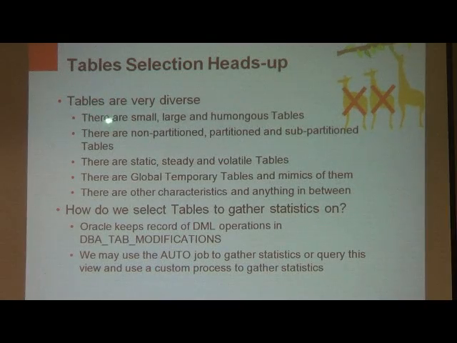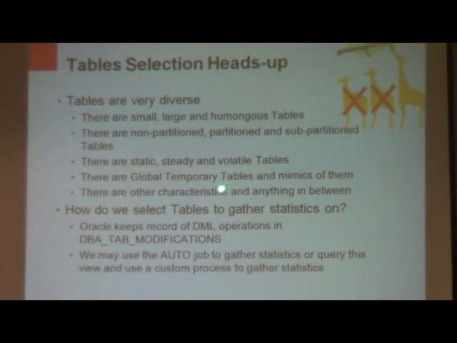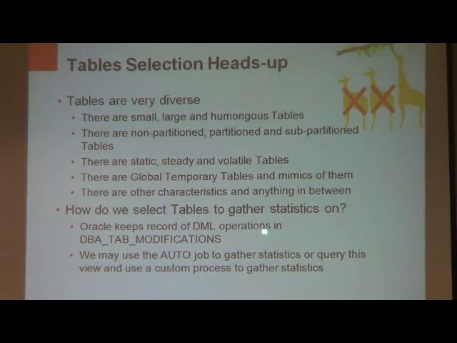Well, keep in mind, tables come in different shapes. There are small tables, large tables, tables where the data changes a lot, tables which are pretty static. You have all types of tables, global temporary tables, partition tables. So how do we gather them? We want to use DBA_TAB_MODIFICATIONS. That is where we keep track of whether the statistics are stale or not.